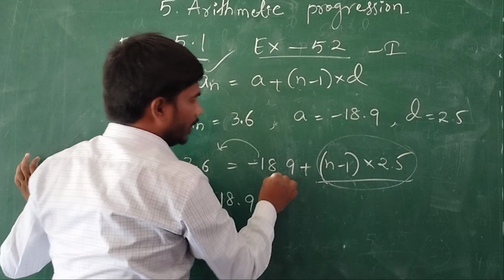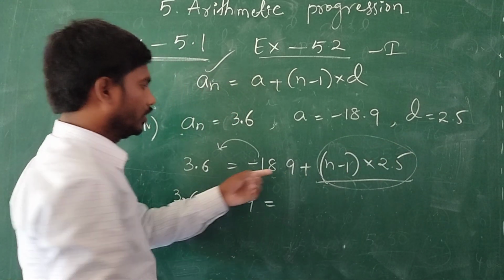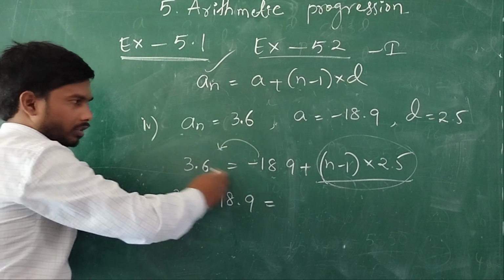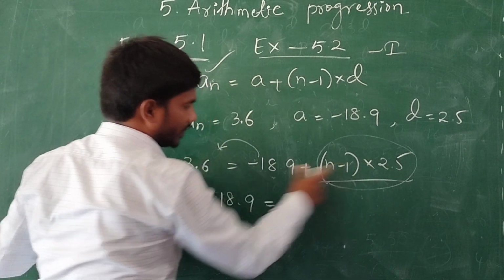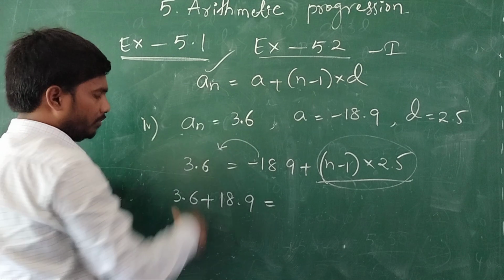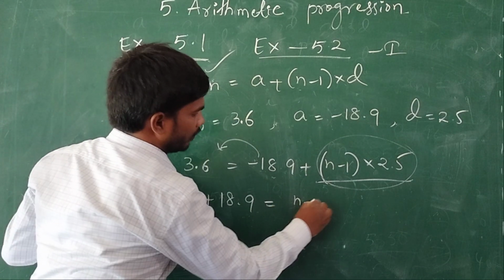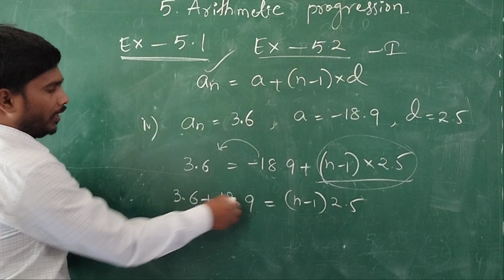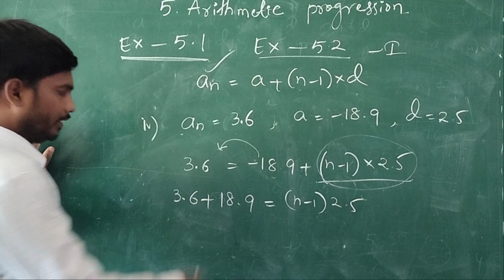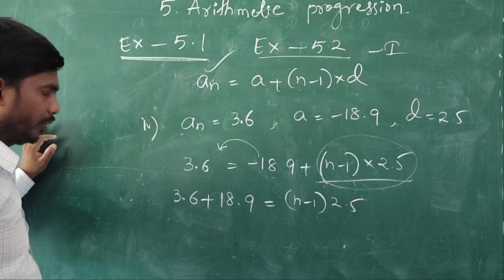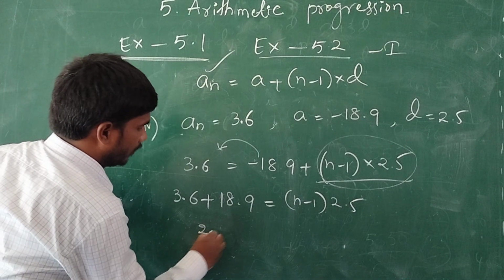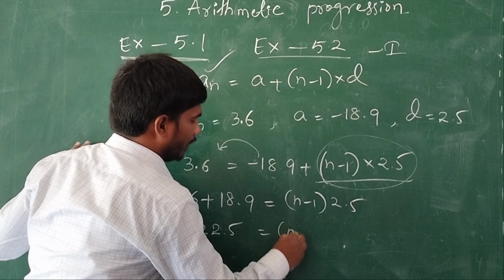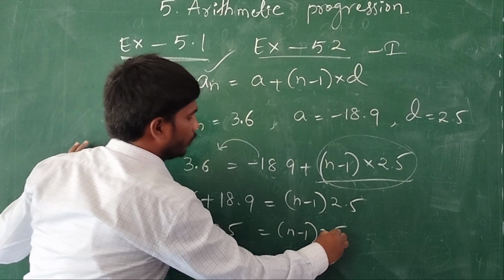Because according to the BODMAS rules, first we take the negatives and positives outside. This is a group, this is an individual term, so the individual term is taken out as n minus 1 into 2.5. So 3.6 plus 18.9 is 22.5. 22.5 is equals to n minus 1 into 2.5.